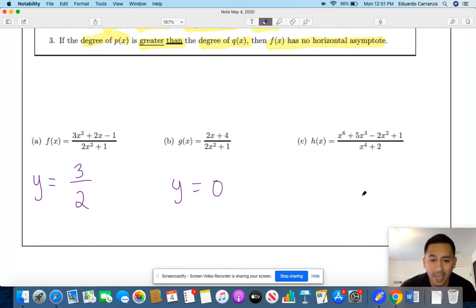So A and B did have a horizontal asymptote, but since the degree of the polynomial in the numerator is 6 and the degree of the polynomial in the denominator is 4, clearly the polynomial in the numerator is of a higher degree. So we say there is no horizontal asymptote. We can just write none.